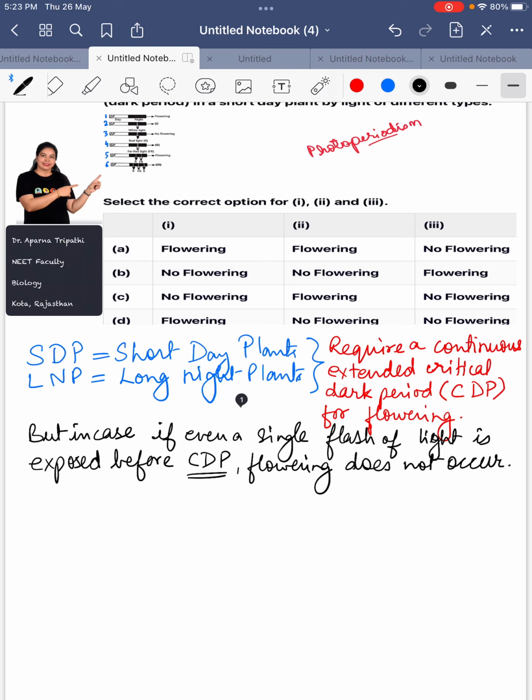Now we have to see some special conditions regarding different types of light. What is the effect of those light wavelengths on this scotoperiod? Here I am going to write about them. Different light wavelengths show different results.